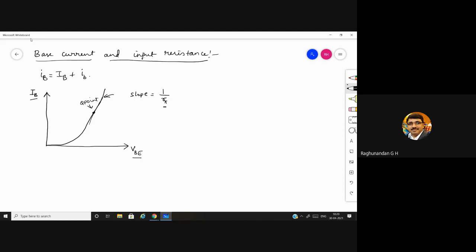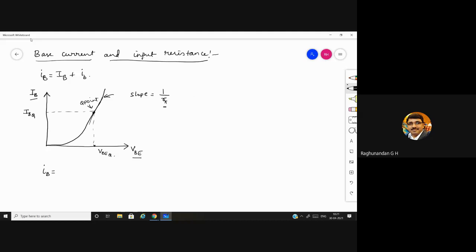Now coming to the equation for this. Here we'll be having I_BQ, the quiescent base current, and here we'll be having our voltage, the cut-in voltage, V_BEQ. Now we will take the instantaneous base current.